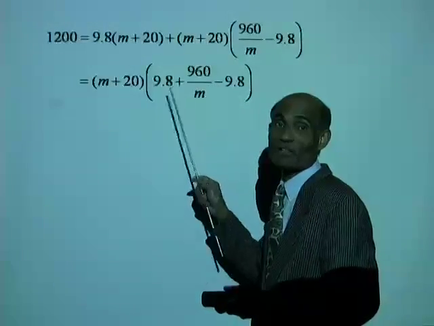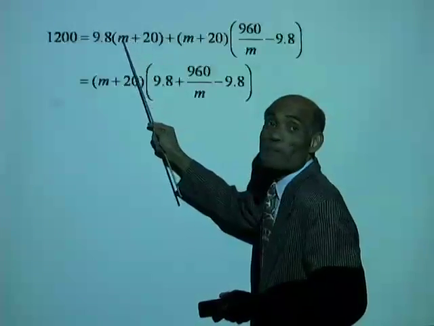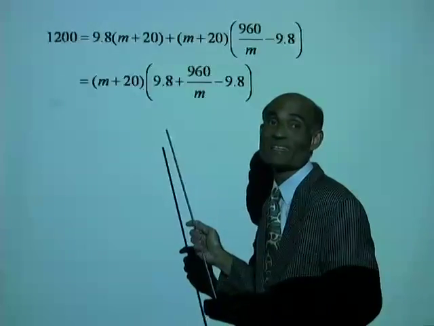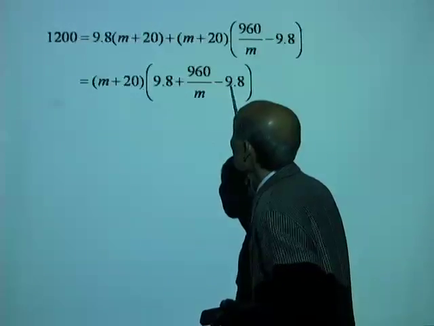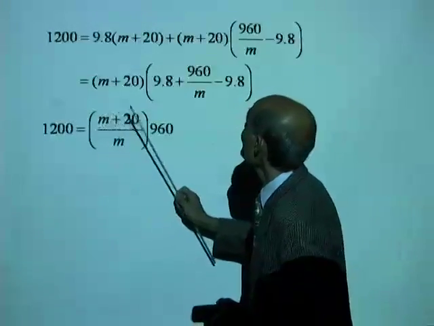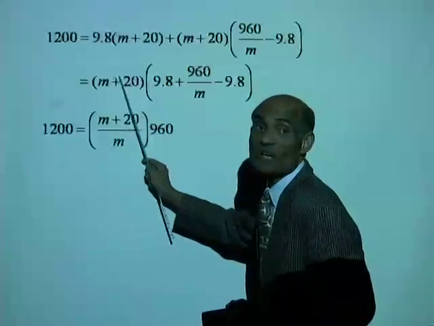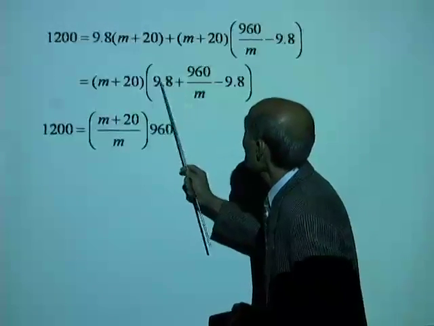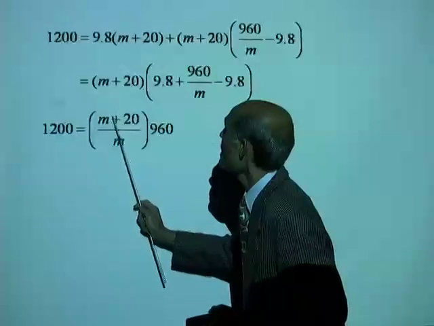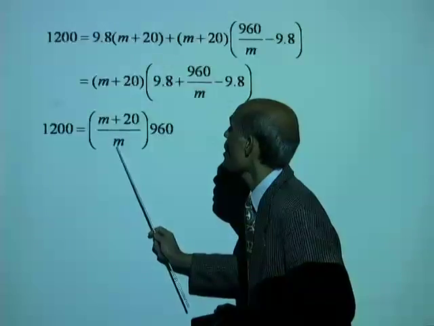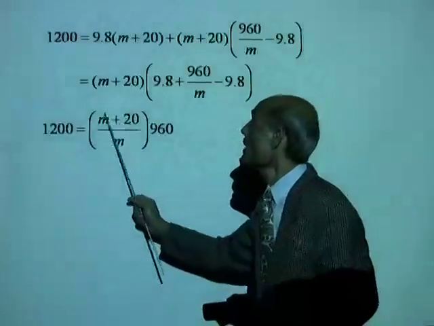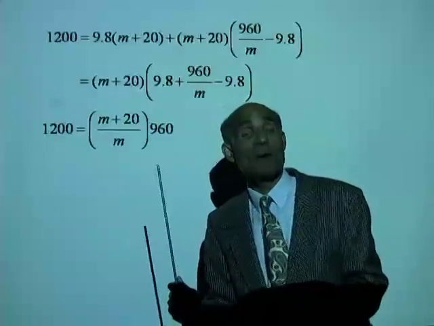Alright, did you see what I did? I factored out m plus 20, and the remaining is this. And that gives me 1200 equal to m plus 20. I cancelled the 9.8 and negative 9.8, took this m and put it under here: m plus 20 over m times 960. And now I got an equation in terms of m alone.